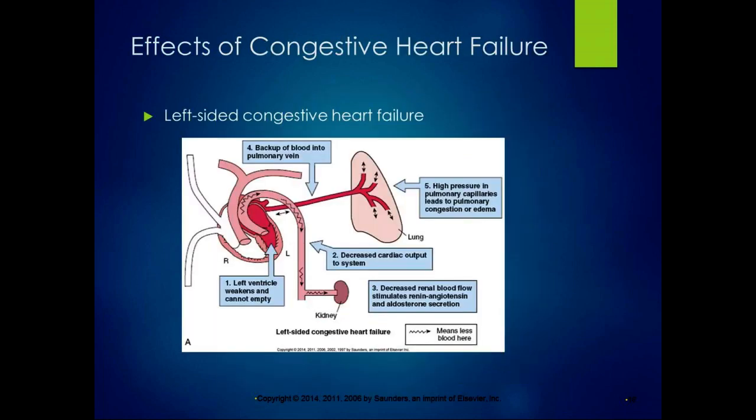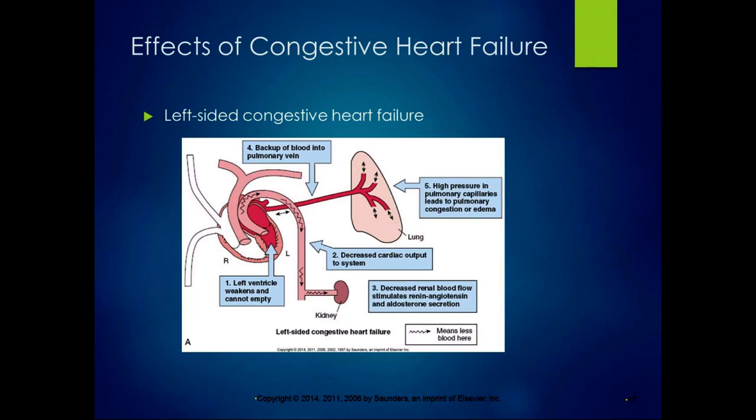So the effects of congestive heart failure: we're going to get lots of signs and symptoms like fatigue, weakness, dyspnea, which is difficulty breathing, exercise intolerance, and cold intolerance, with either left-sided or right-sided congestive heart failure. But with left-sided congestive heart failure, for whatever reason, we talked about a few of the predisposing factors, the left ventricle weakens and can't empty.